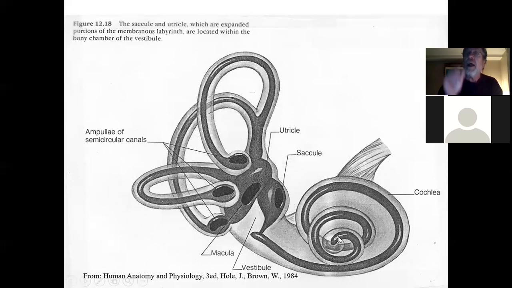And then you snaked a hose in that, and the hose is the membranous labyrinth. Inside the hose is a different kind of fluid from the fluid that surrounds the hose inside the bony labyrinth. Perilymph, endolymph.